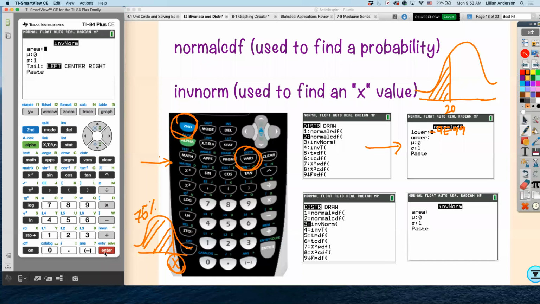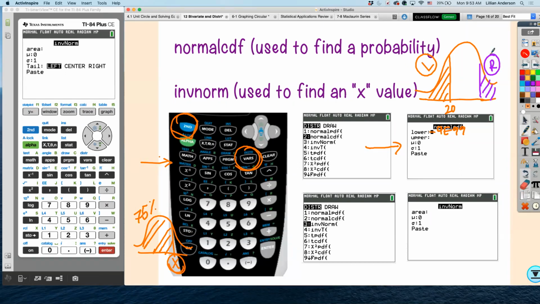This is an example of a left tail. This will be an example of a right tail. For those who do not have that tail option, you have to remember that your calculator can only do probabilities that are to the left of an X value. It automatically defaults to the left.